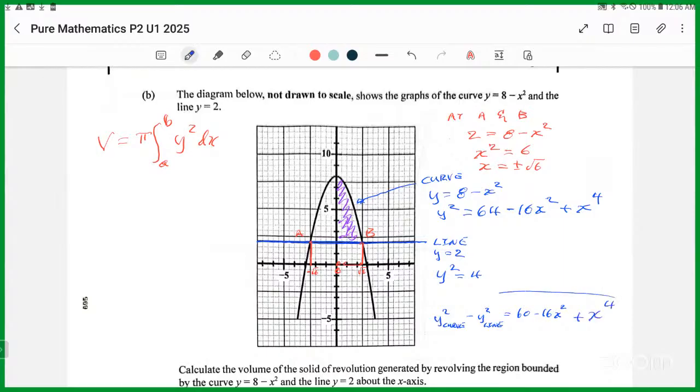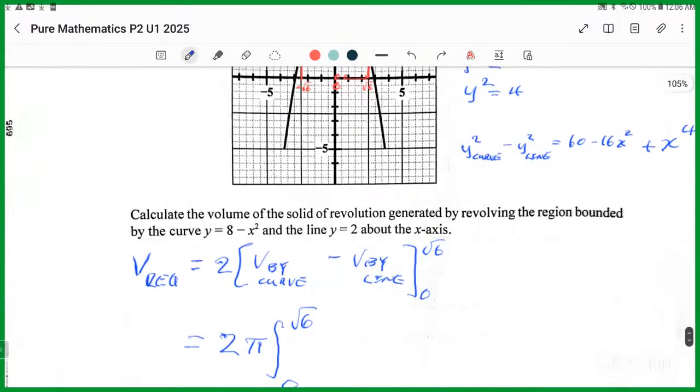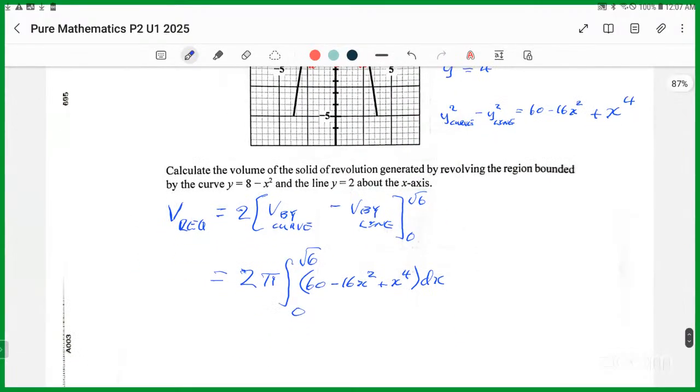So I get the integral of 60 minus 16x squared plus x to the 4th power dx. That gives the volume.